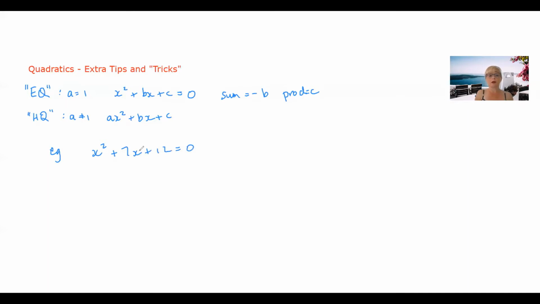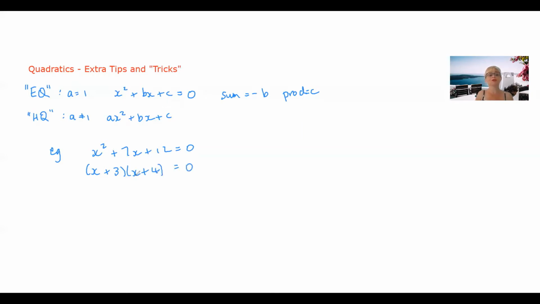Here to factorise, we're looking for two numbers that multiply to give 12 and add to give 7. Bear in mind, I'm not looking for my roots here or the solutions, I'm looking for the numbers to put in the brackets. So 3 and 4 will do the trick here. So that's our factorised version of our EQ.